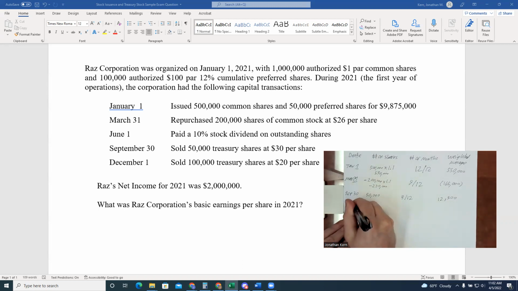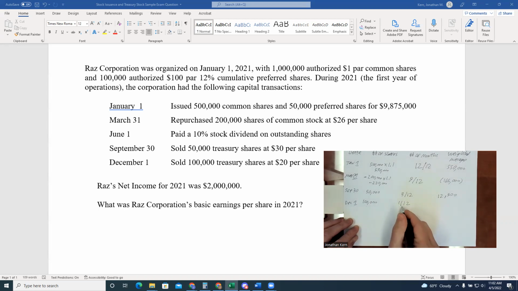Then on December 1st, they sold 100,000 shares. And there's only 1 month remaining till the end of the year. So we do 1 divided by 12. And that would give us a weighted average shares for that time period of 8,333.33.